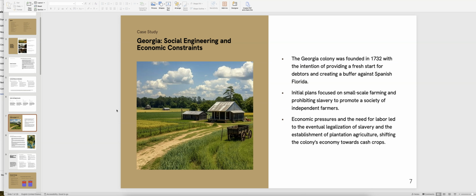This was the idea of General James Edward Oglethorpe. At the time, debt was seen as a kind of mortal sin to some extent.